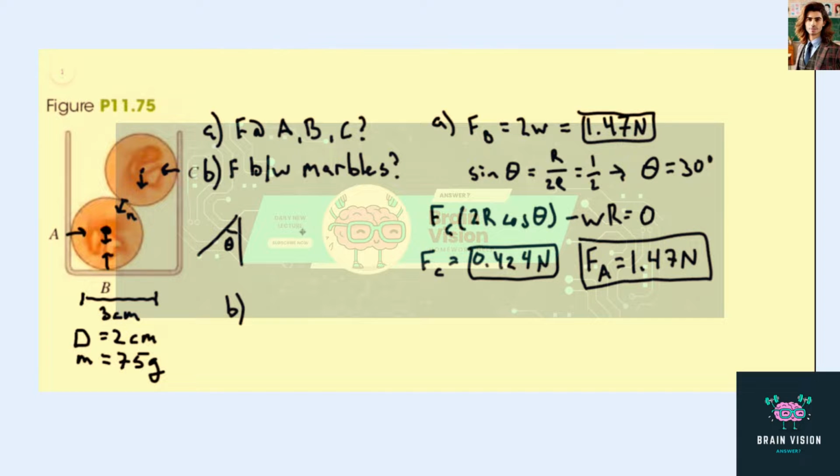Now for part B, we're going to consider the forces on the bottom marble. The horizontal forces have to add up to 0.